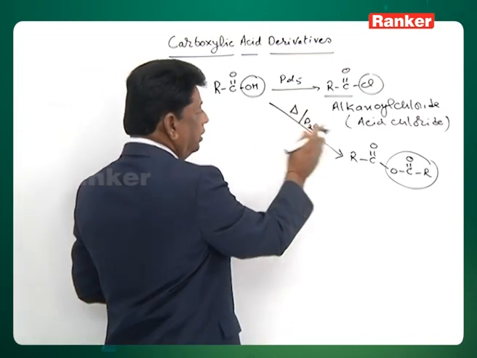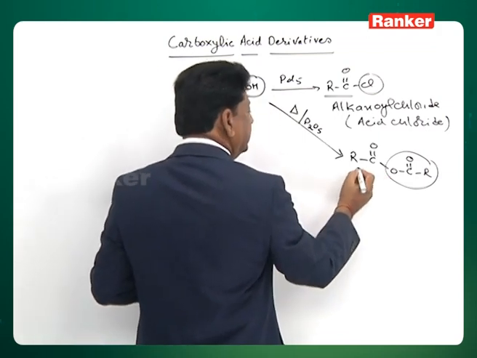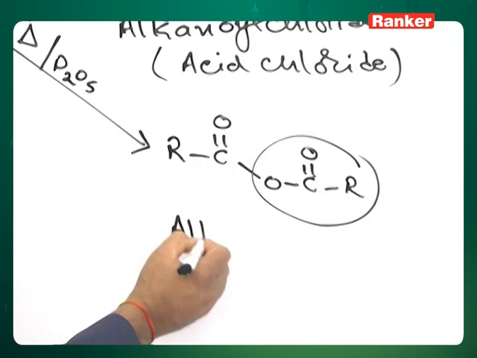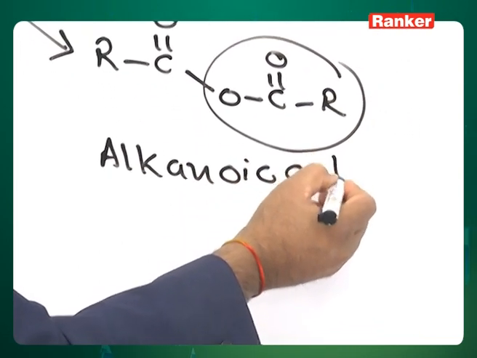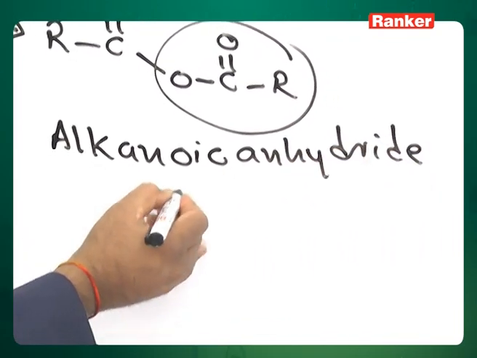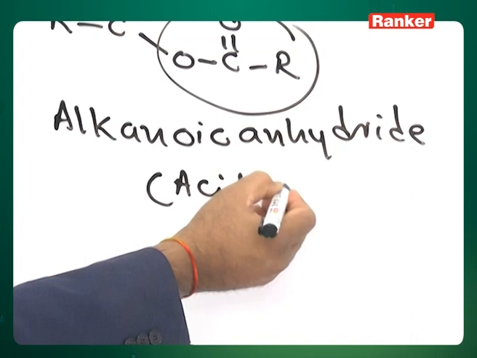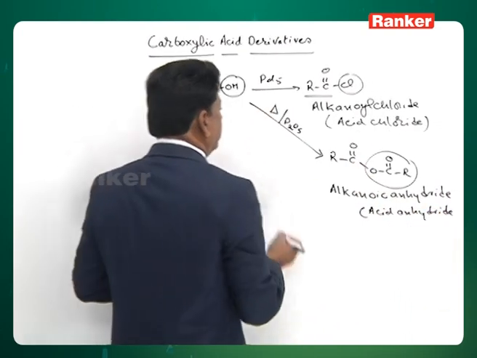So, one water molecule is taken by P2O5. This is called, up to this again it is called, alkanoic anhydride, or commonly known as acid anhydrides, acid anhydride. This is the second one.